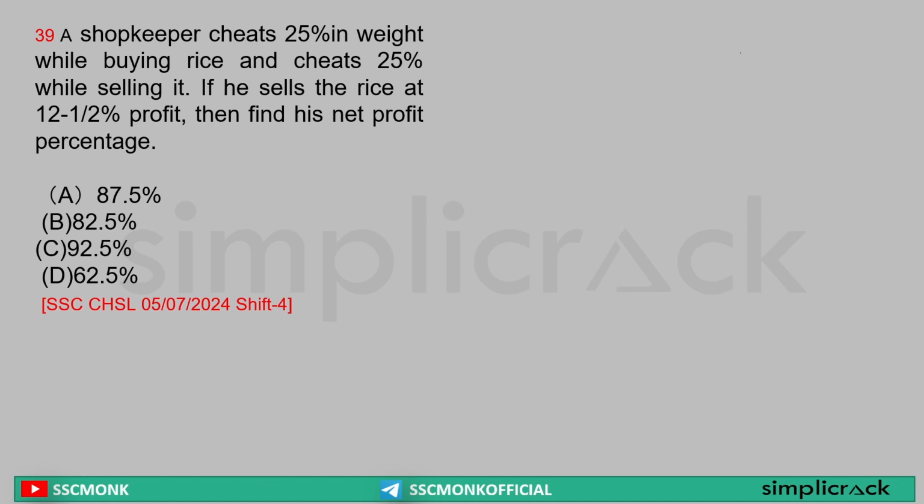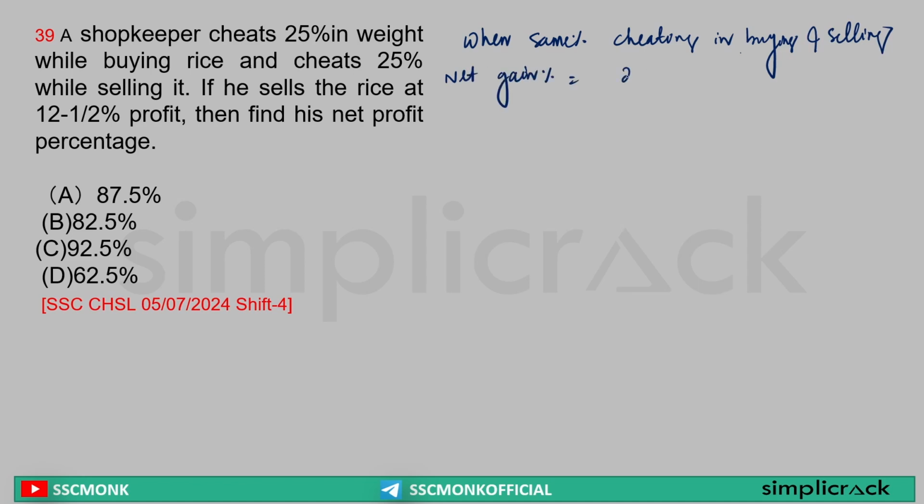Before we move further, remember this. Whenever there is the same percentage of cheating, here the cheating is happening in buying and selling, net gain percentage is equal to 2 into cheating percentage divided by 100 minus cheating percentage into 100.